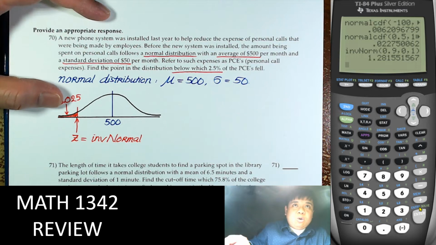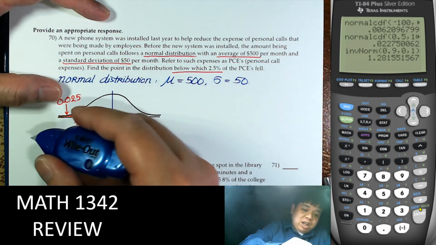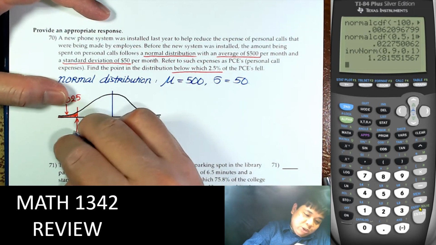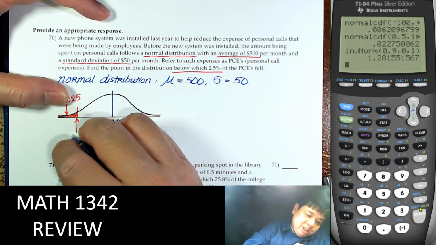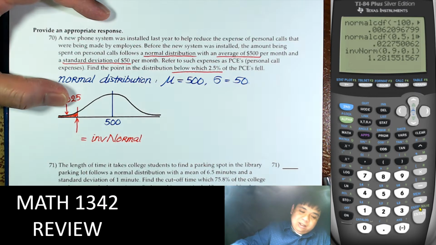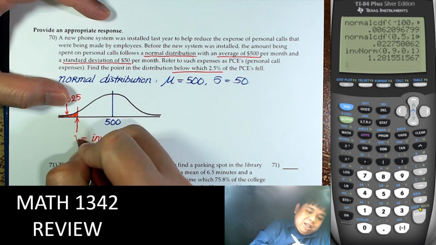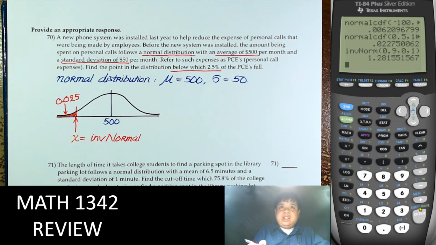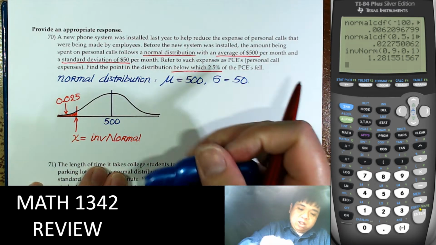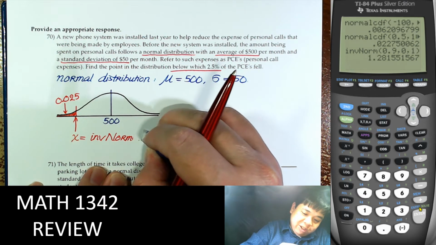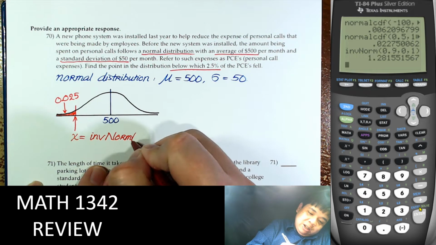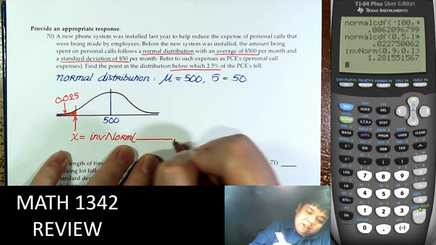And in this case, it's not going to be Z because it is not standard normal. So we're just going to have X. Z is when the mean is equal to 0 and standard deviation is 1. So just inverse normal. We're going to enter the area on the left, 0.025.